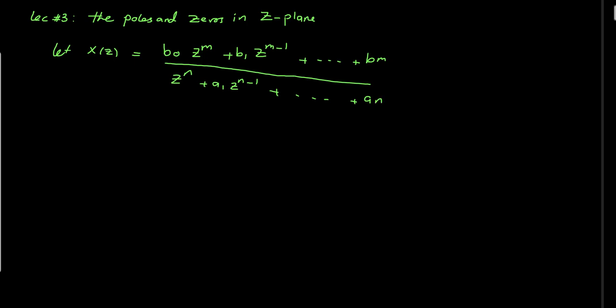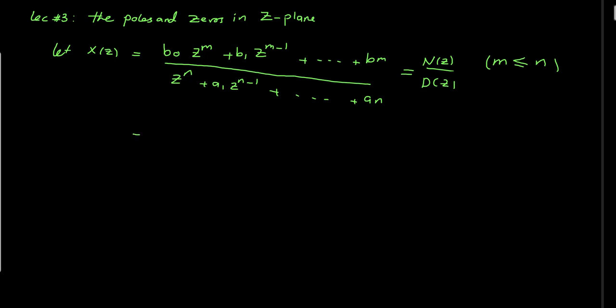And I will assume that this rational function or transfer function is proper, which means that the degree of the numerator is less than or equal to the degree of the denominator. So simply this can be written as N(z) over D(z).